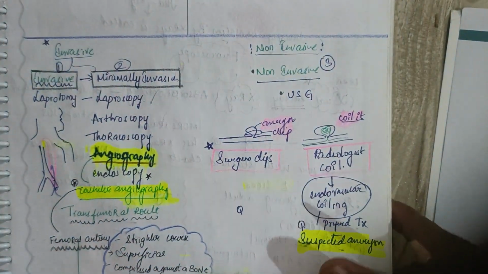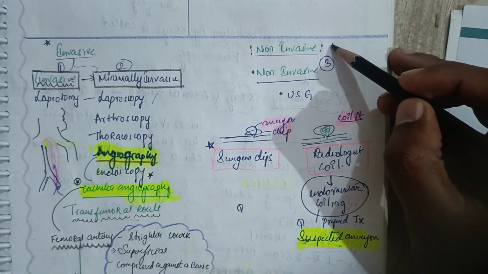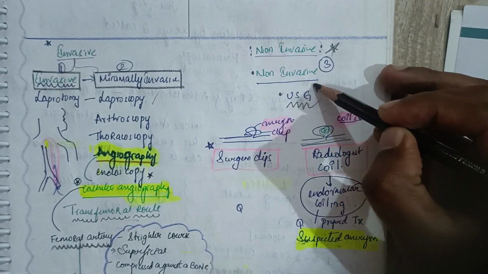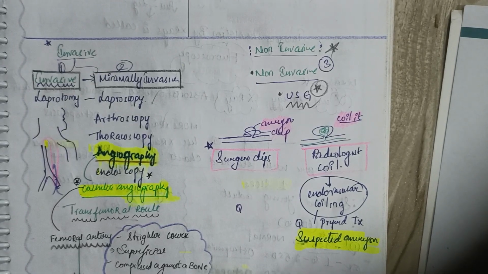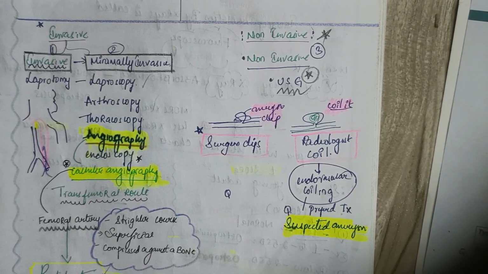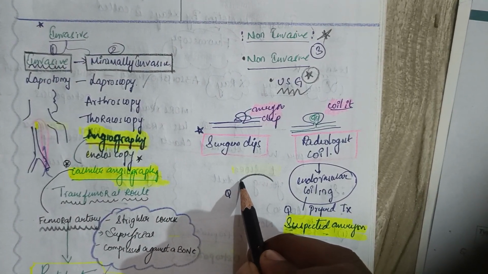The next important aspect is non-invasive. What happens in non-invasive is USG. Say, for example, you have an aneurysm in a blood vessel of the brain.